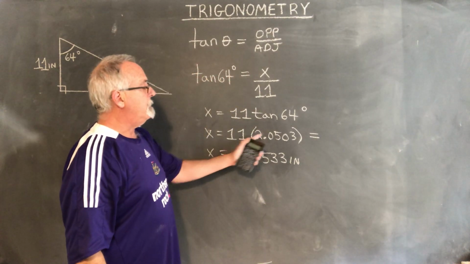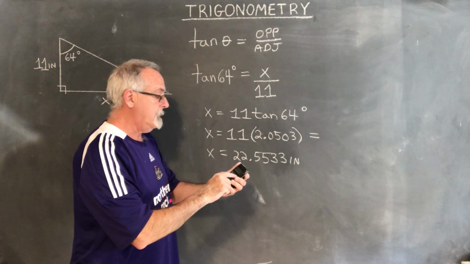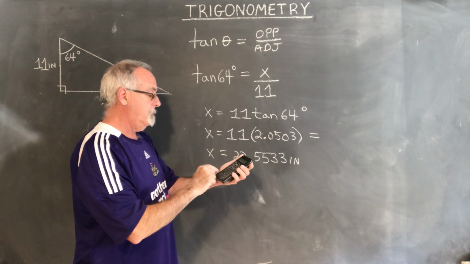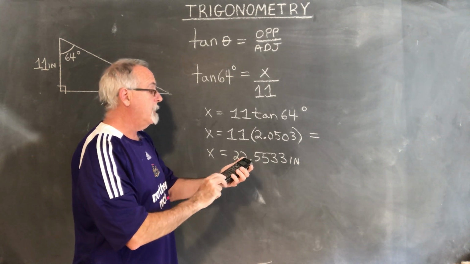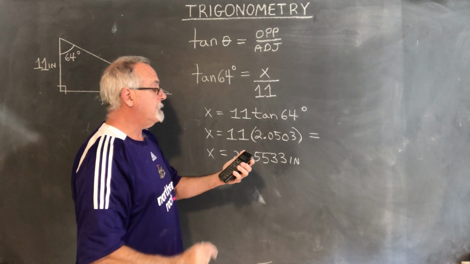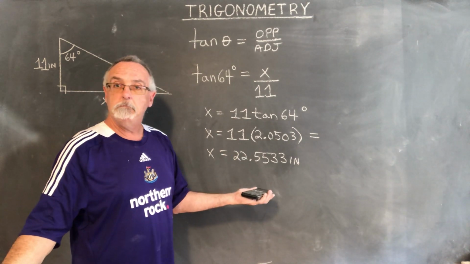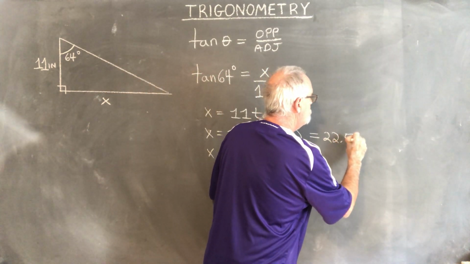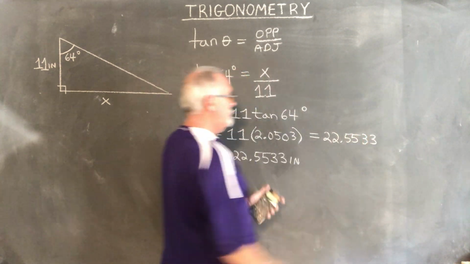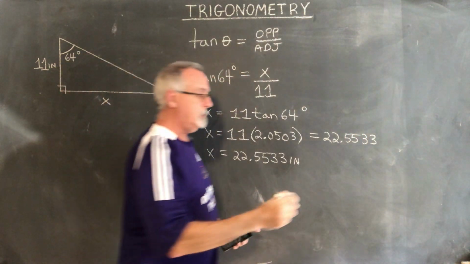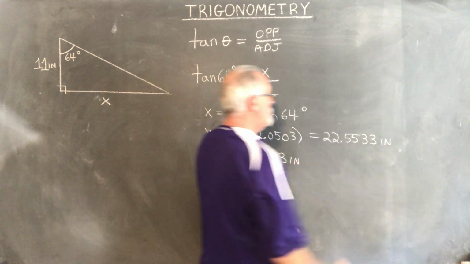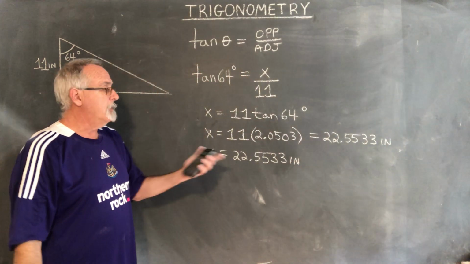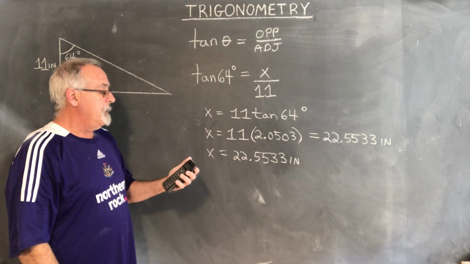But if I do 11 times 2.0503 instead, 11 times 2.0503 equals 22.5533. This time it ends up being the same when rounded to 4 decimal places. Put the unit of measure, inches.